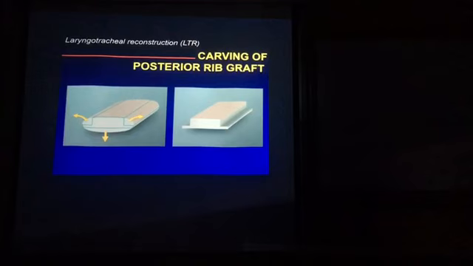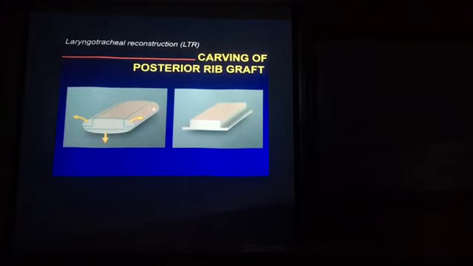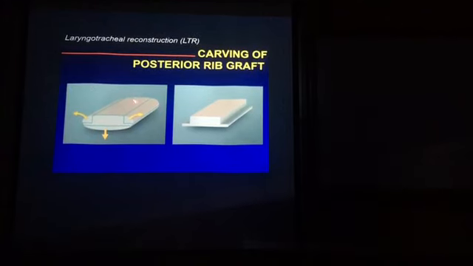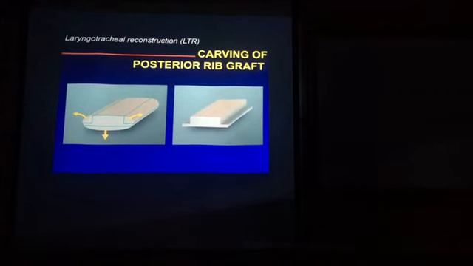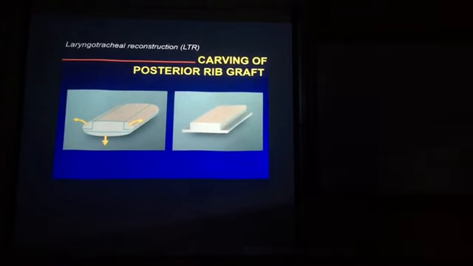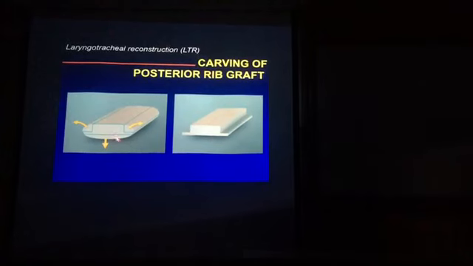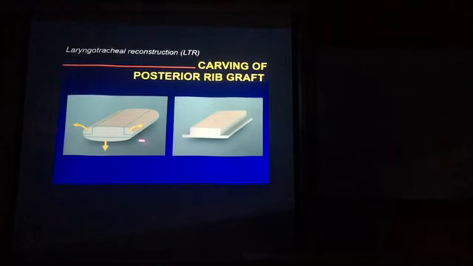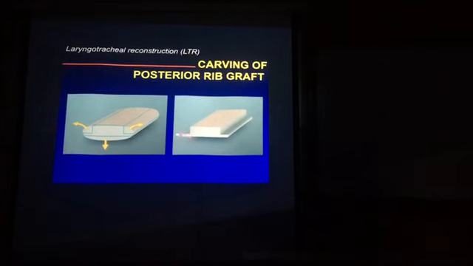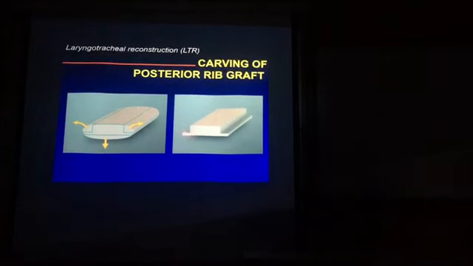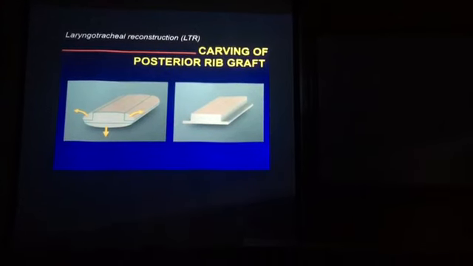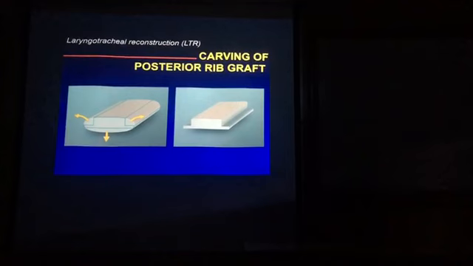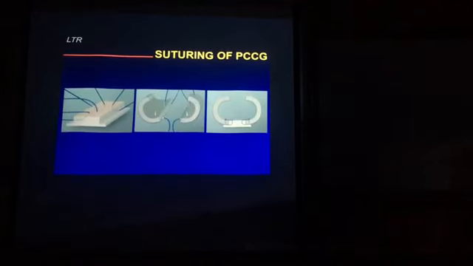For the posterior graft, again you start with a rectangular graft, and you carve out and you create these flanges if you can. Usually your graft is too thick, so you have to trim down your graft so that the flanges have about 1 or 2 millimeters thickness, not more than this. If you put more than this, then your graft will be too thick.